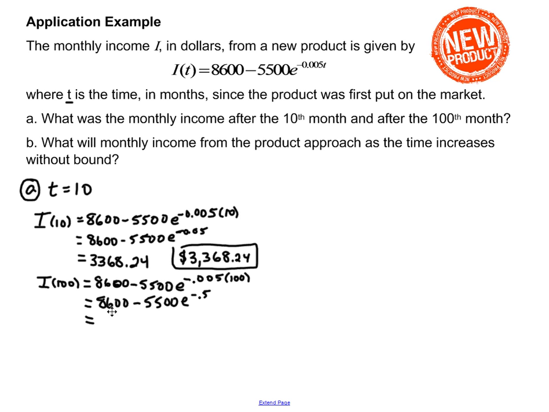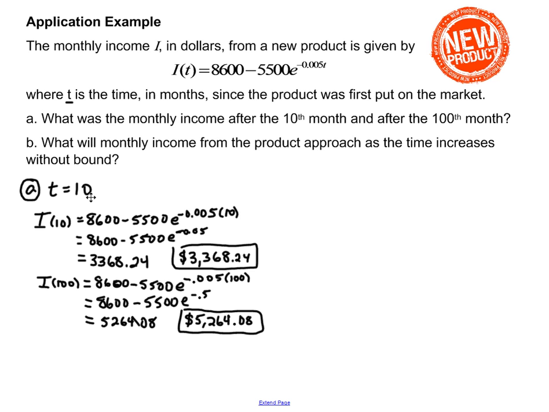This time it goes to 5,264.08. So we would say that our expected income after the 100th month would be $5,264.08 here. There we go.